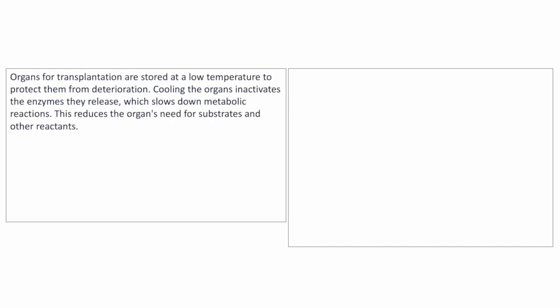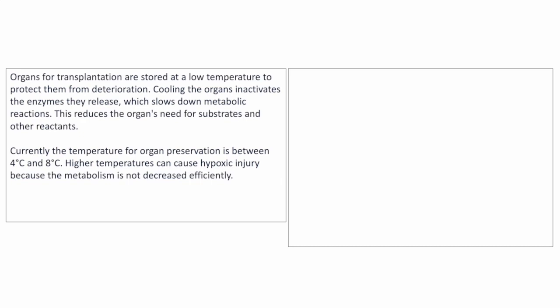Right now, organs for preservation are stored at low temperature. Their metabolism is being reduced, and that's a good thing. The composition of the solutions is changed to adjust for membrane permeability. And right now, we can preserve organs at between 4 and -8 degrees centigrade.